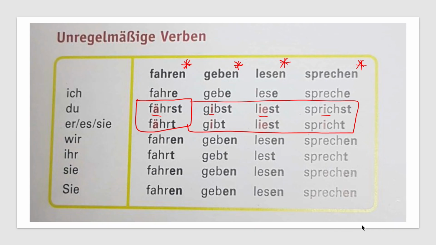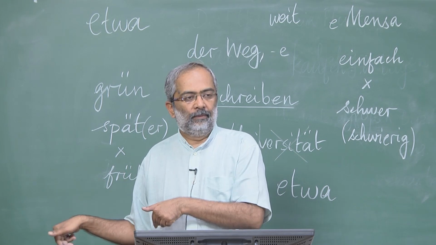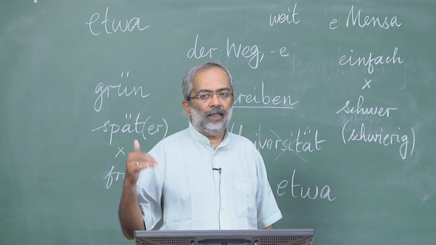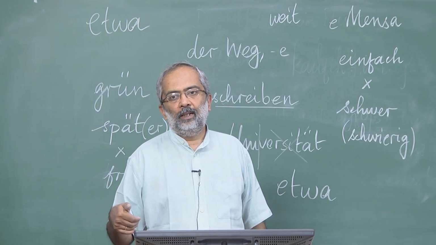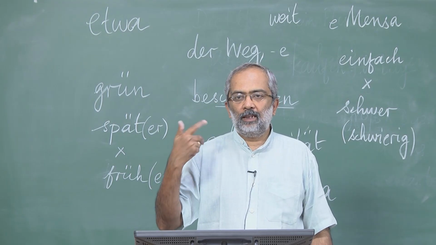Ich fahre, du fährst, er fährt, wir fahren, ihr fahrt, sie fahren. It's almost like you recite a mantra or a poem. Ich gebe, du gibst, er gibt, wir geben, ihr gebt, sie geben. Ich lese, du liest, er liest, wir lesen, ihr lest, sie lesen. Just make it a habit to learn this.